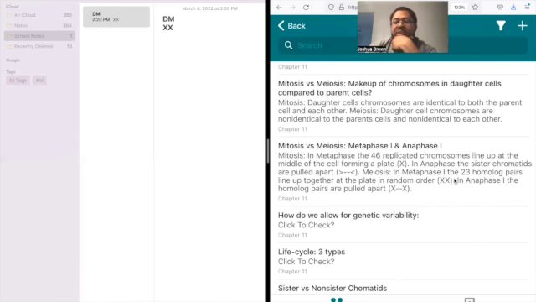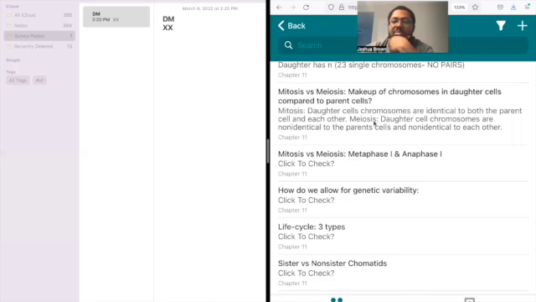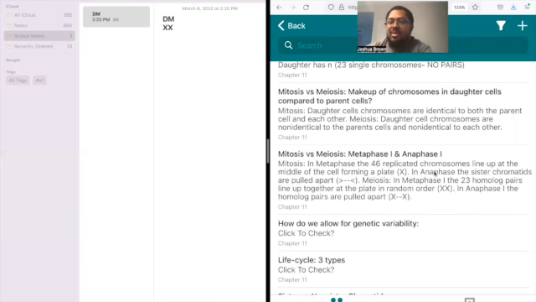Metaphase 1 versus anaphase 1. This is more of what we were talking about: mitosis versus meiosis, metaphase 1 and anaphase 1. In mitosis it's not actually metaphase 1, just metaphase and anaphase, because there's only one round of dividing. Remember that. In mitosis metaphase, 46 replicated chromosomes line up at the middle of the cell, forming a plate. In anaphase, those sister chromatids are pulled apart.